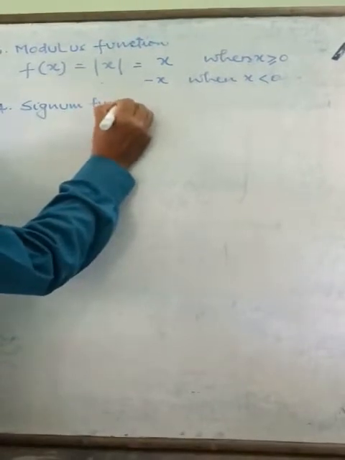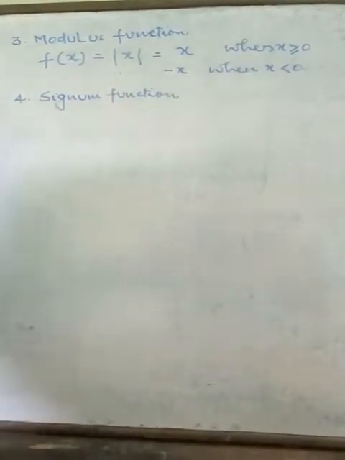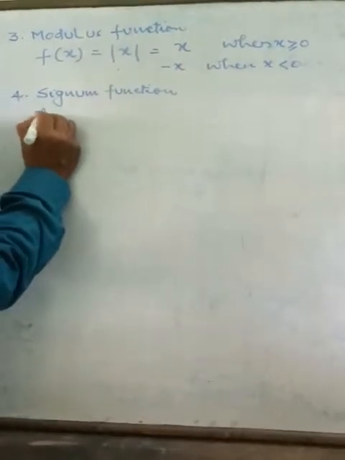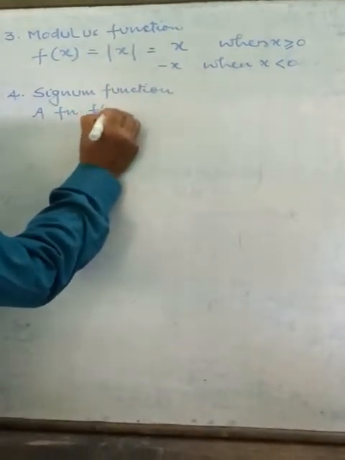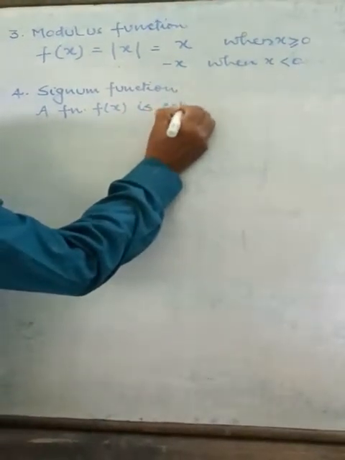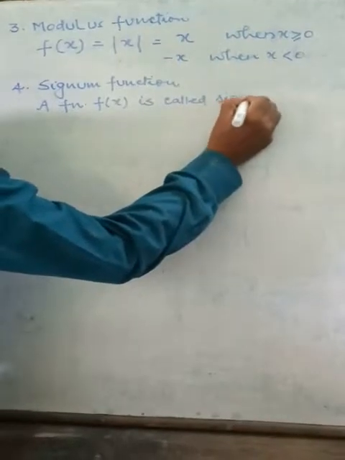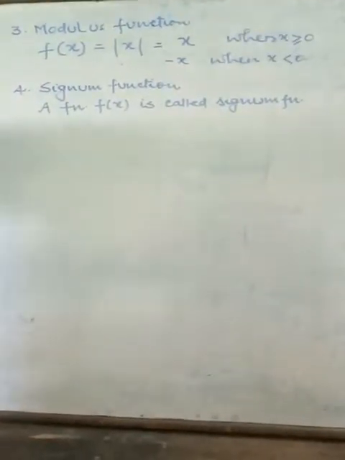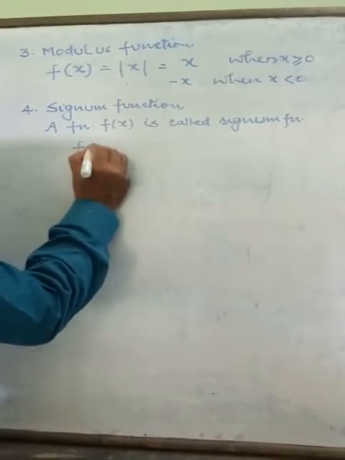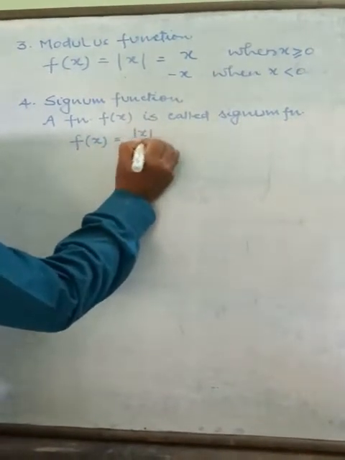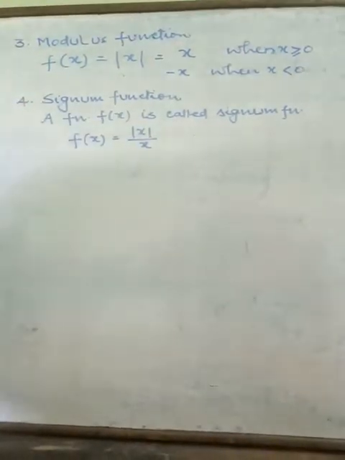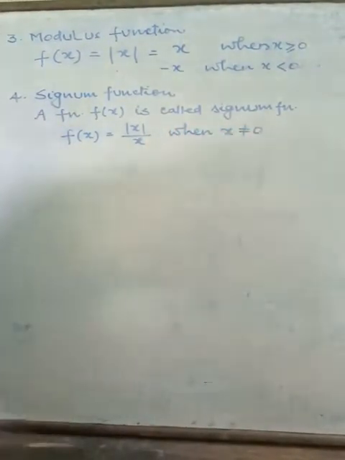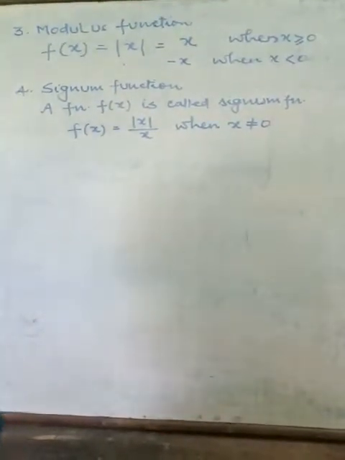This signum function, its general definition, a function f(x) is called signum function when it is defined by f(x) is equal to modulus of x by x, when x is not equal to 0, and this is equal to 0 when x is equal to 0.